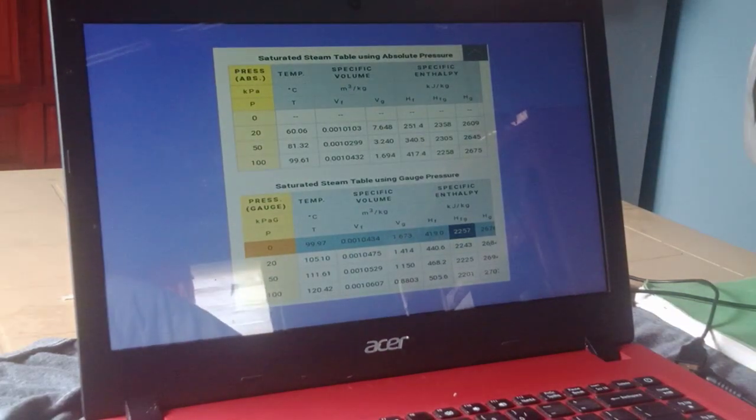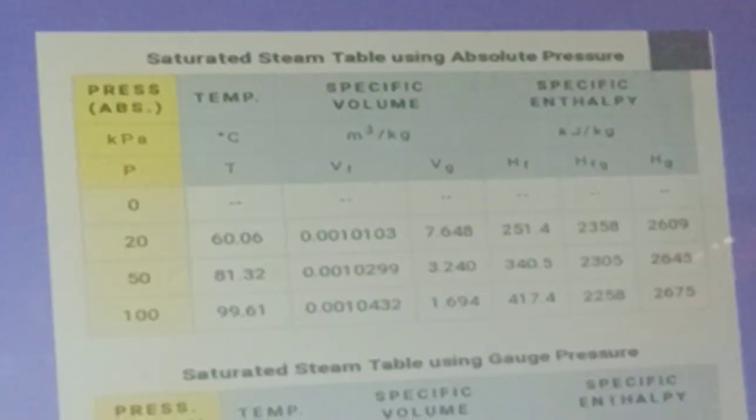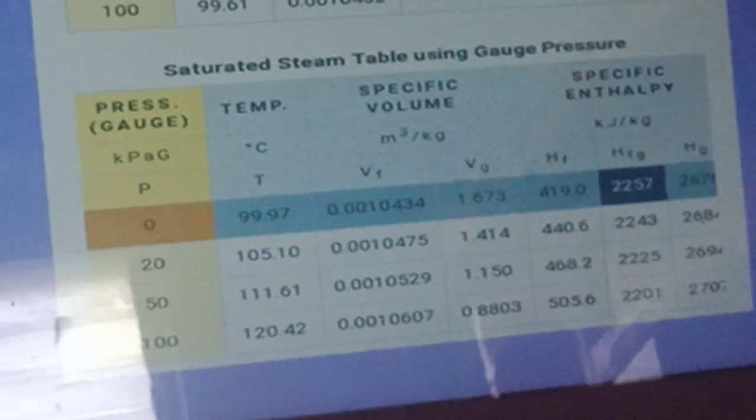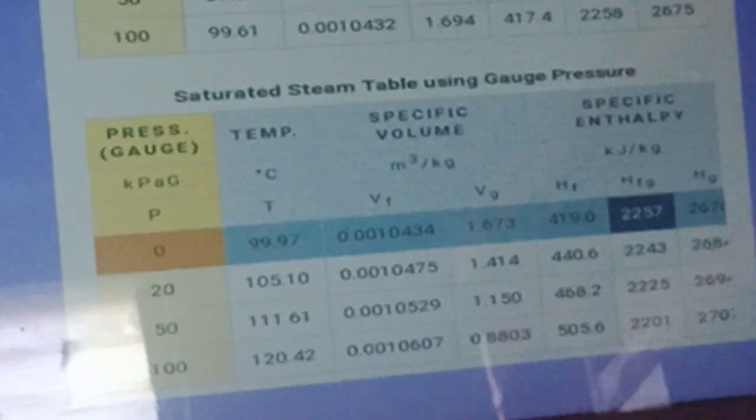So here are the saturated steam tables using absolute pressure and the saturated steam tables using gauge pressure.